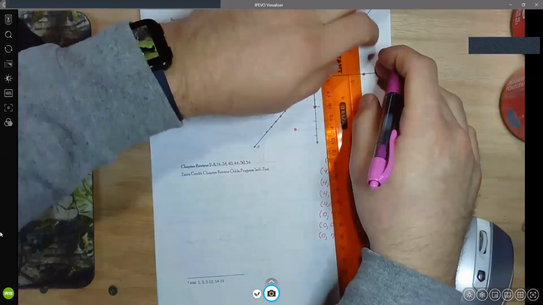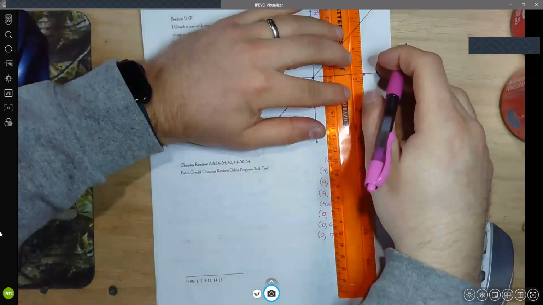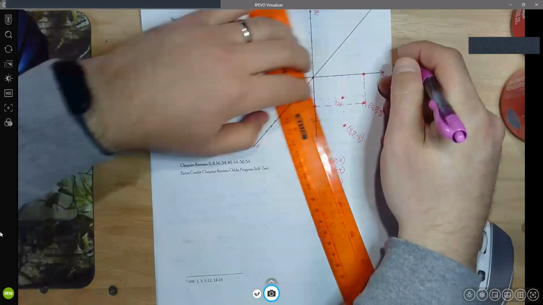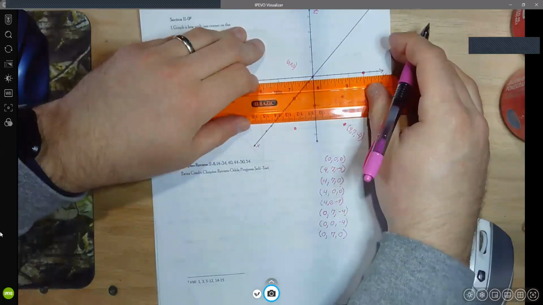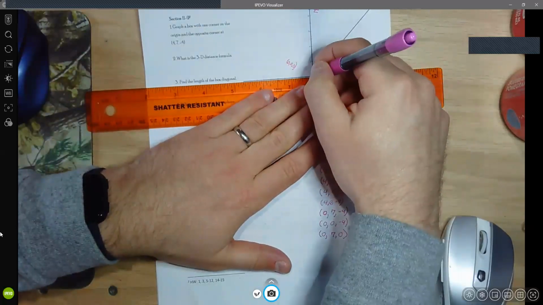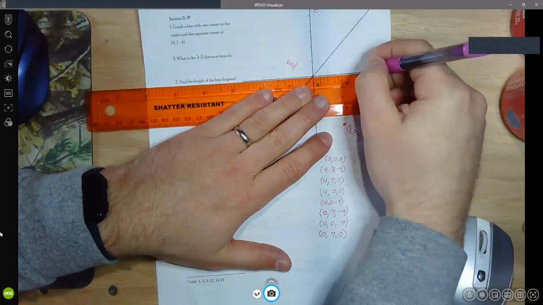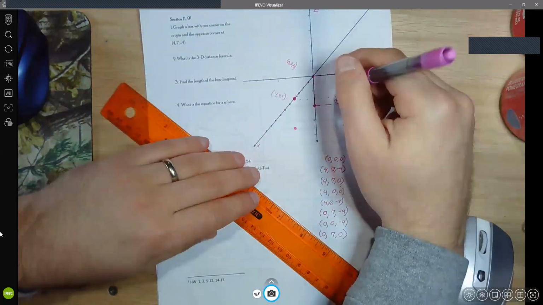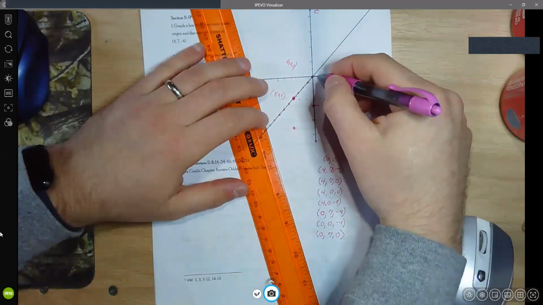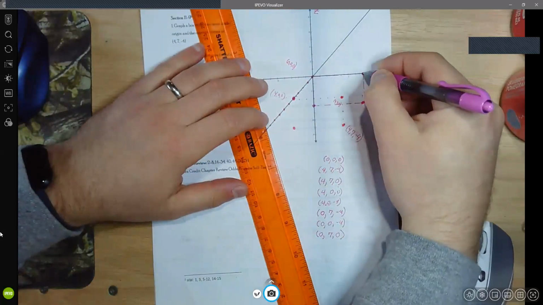And then this one here. And then across the y-axis. I guess that one could have been solid. Sorry.